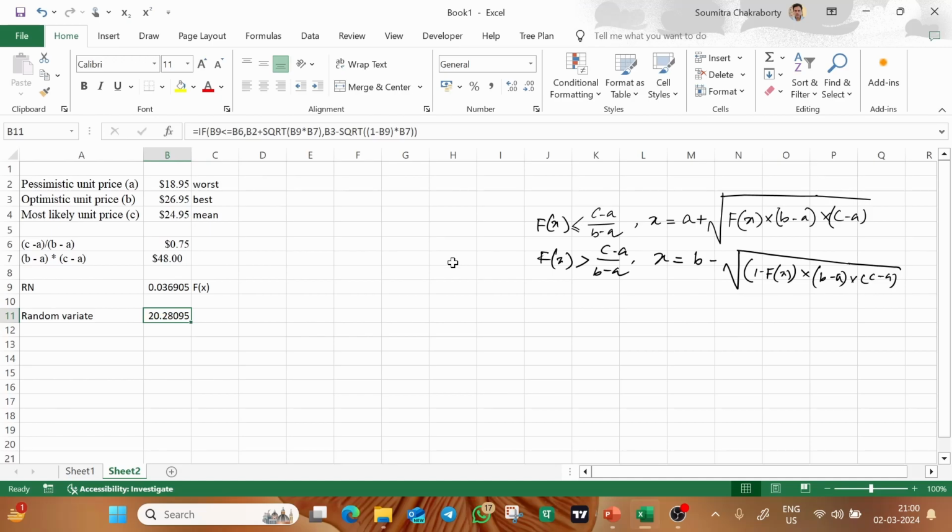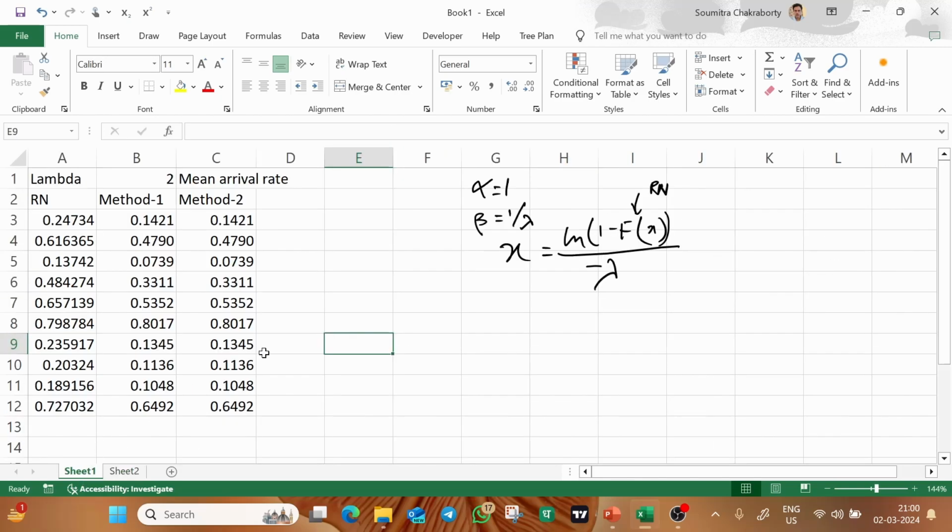So that's it for this video. We have learned how to generate inverse functions for the exponential distribution and triangular distribution. The inverse functions are not directly given in Excel's native functionality.